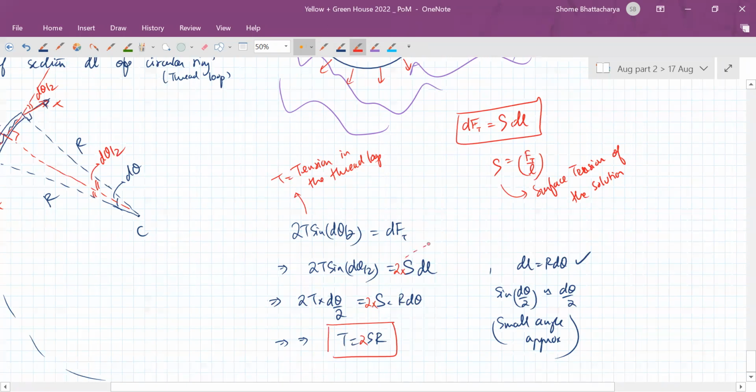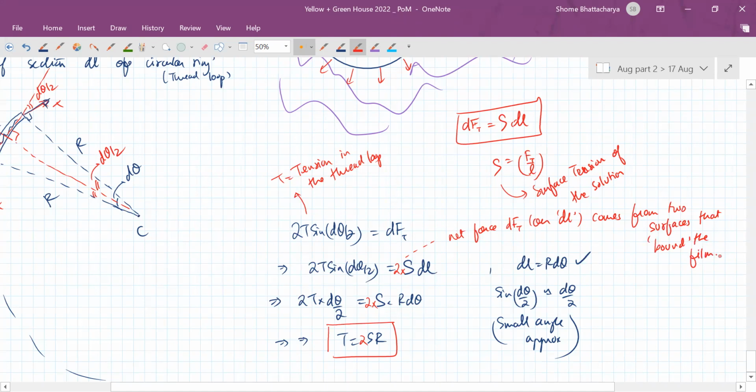So this 2 is there because the net force on the element dl comes from two surfaces that bound the film.